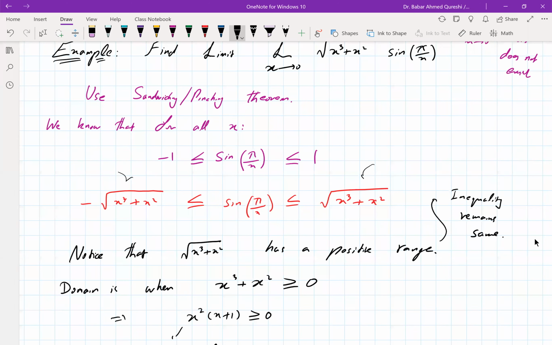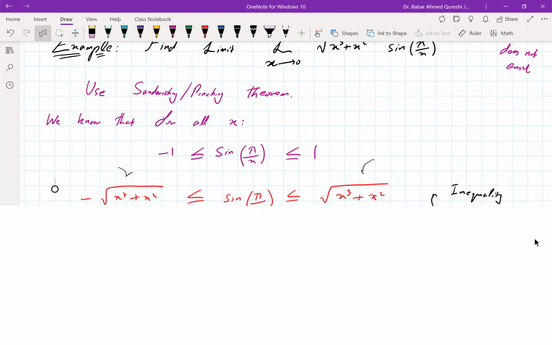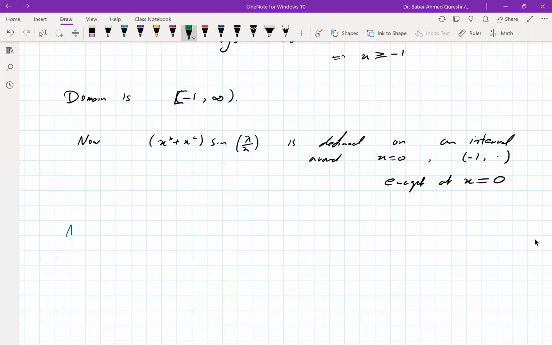Now all I have to do is apply the sandwich theorem, the pinching theorem.